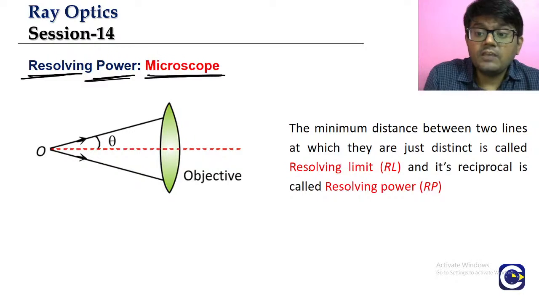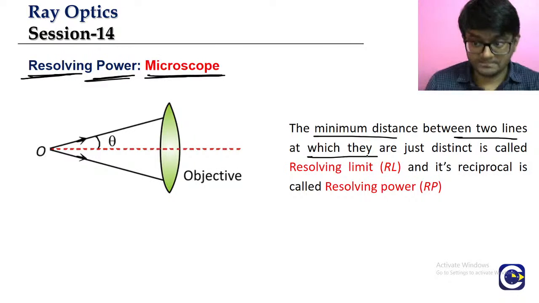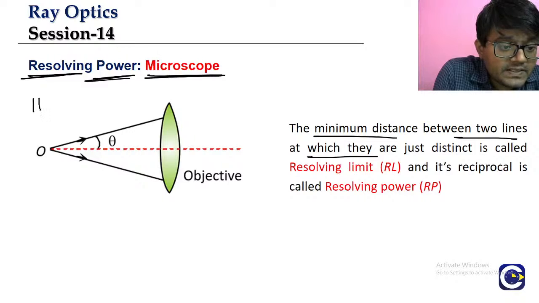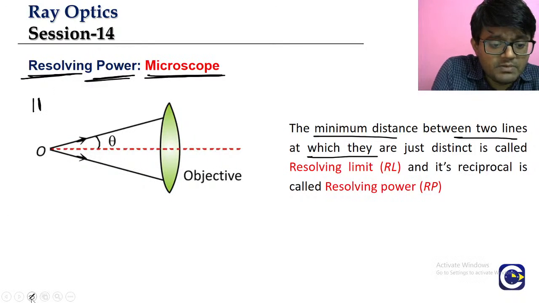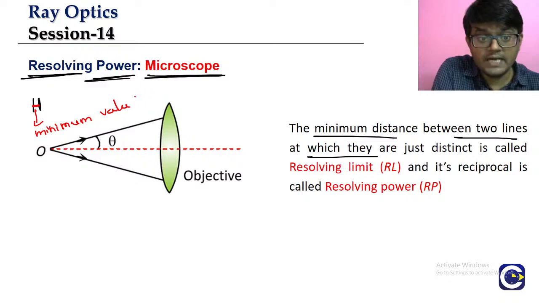If you look at the minimum distance between 2 lines, there is a distance between them. Let us look at what is the minimum value of that distance.